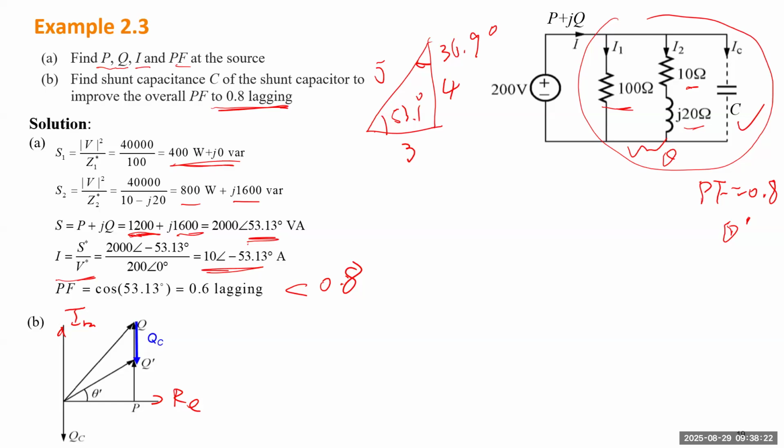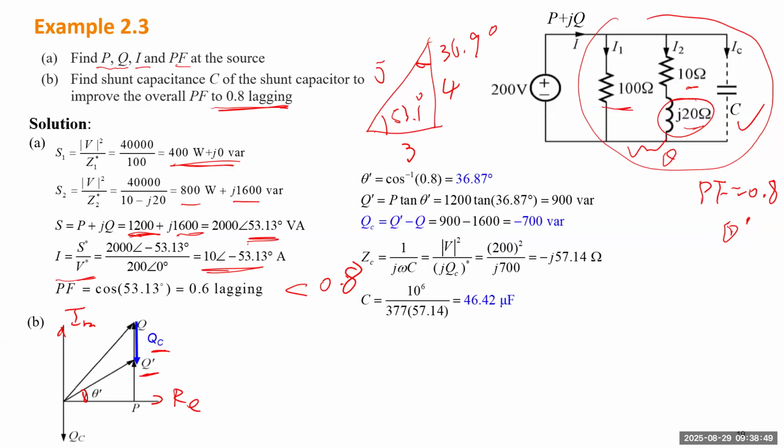Then we'll need to have a new reactive power injected into the system to compensate part of the inductive load, the reactive load, by this capacitor. Then finally, the overall reactive power is smaller, and that improves the power factor angle by making it smaller.